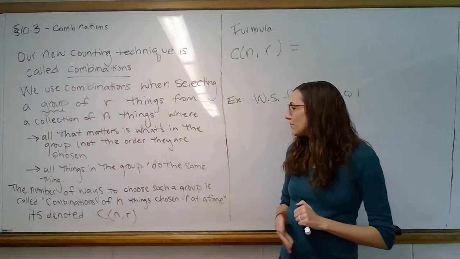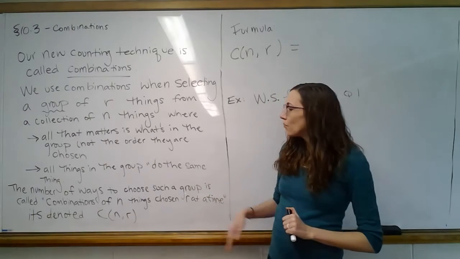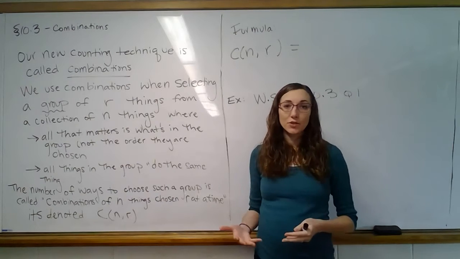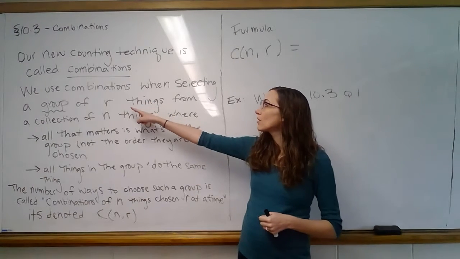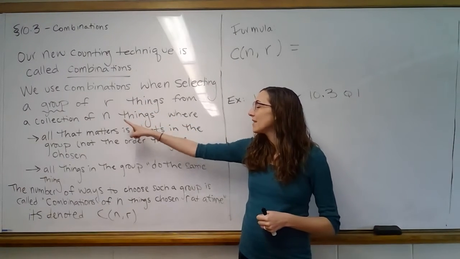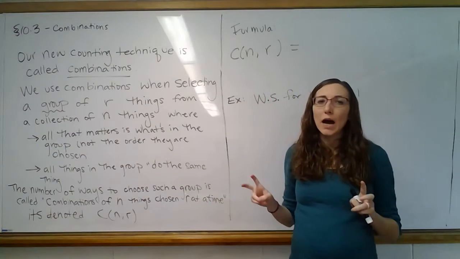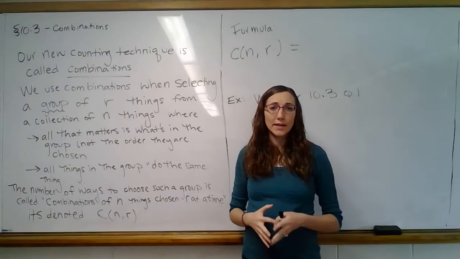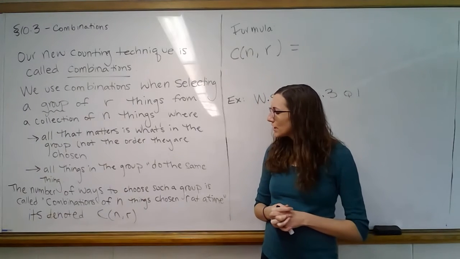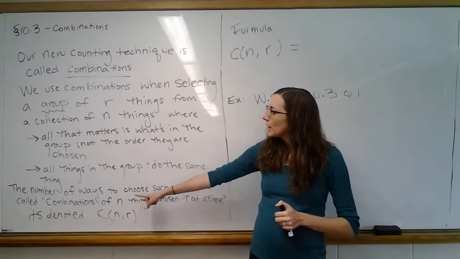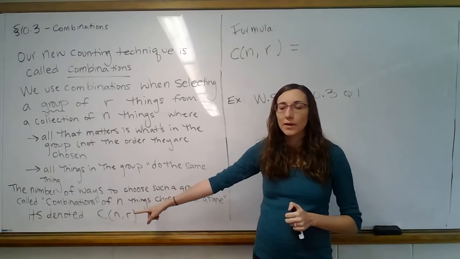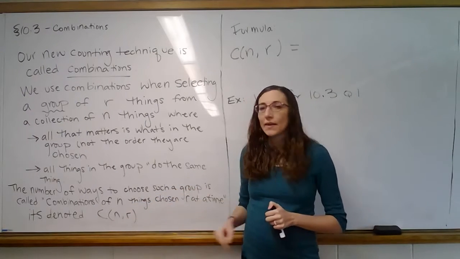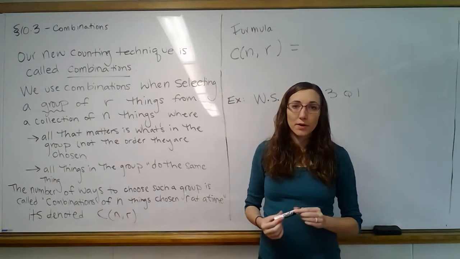The fancy name for this, the number of ways to choose such a group, so choosing R things from N things, is called combinations of N things chosen R at a time. But the notation that we use is a big capital C, and then in parentheses we put the N and then comma R and close off the parentheses.